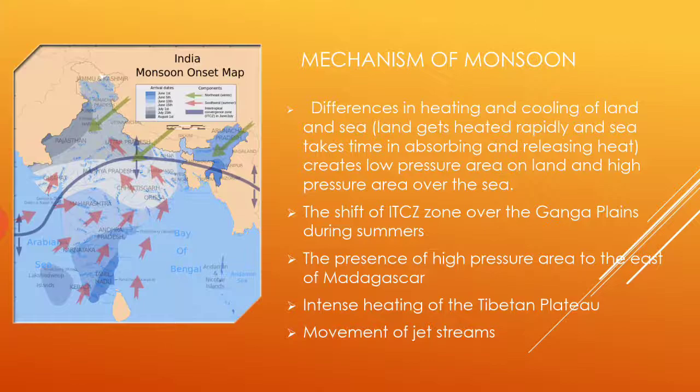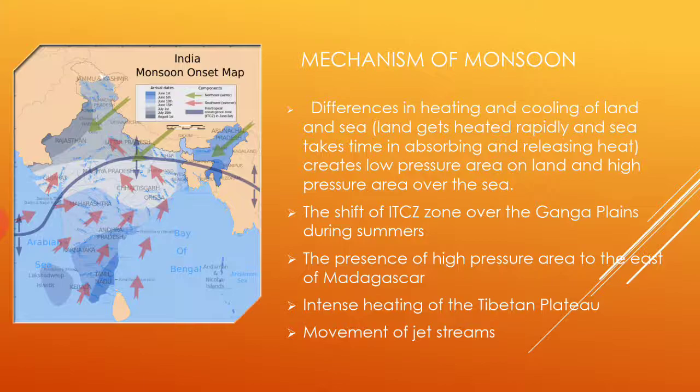The shift of the position of the Intertropical Convergence Zone, that means ITCZ, in summer over the Ganga plain is also known as the monsoon trough during the monsoon season. The presence of the high pressure area east of Madagascar, approximately at 20° south over the Indian Ocean, affects the Indian monsoon.